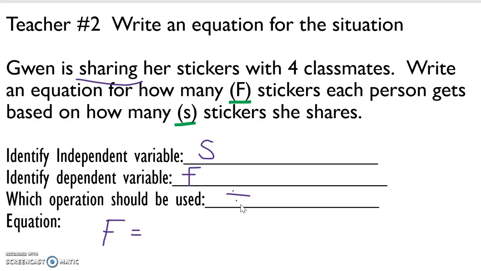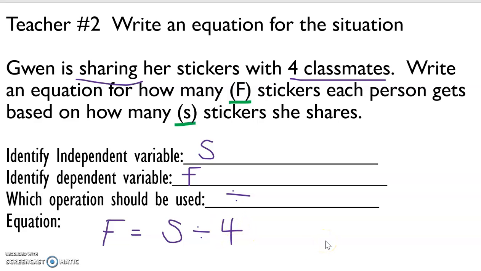Because division is not commutative, we have to make sure we put these in the right order. So S, my independent variable, represents how many total stickers I have, which is what I would be splitting up. So I'm going to take my stickers and divide them into groups. And what I'm dividing them into is back up here in the information. I'm dividing it between 4 people.